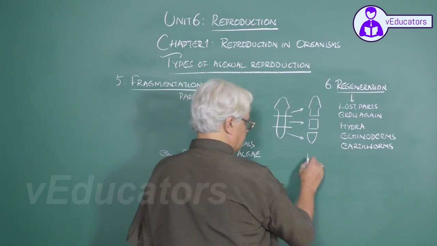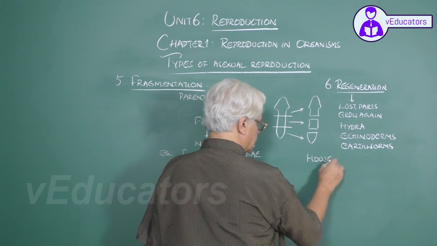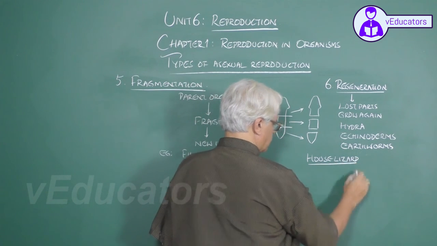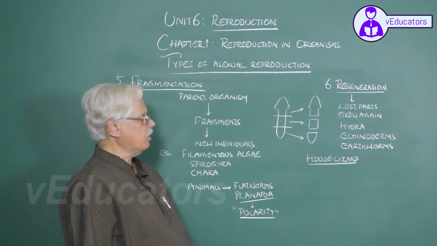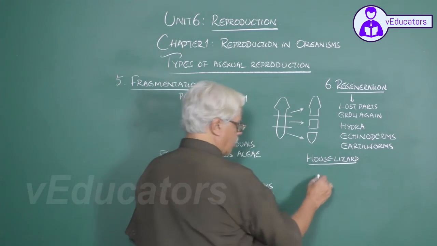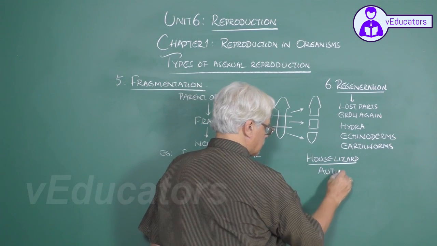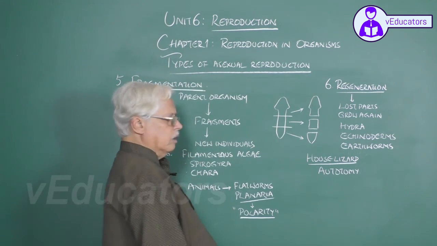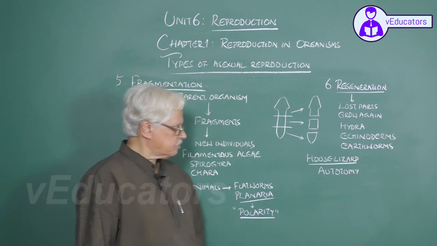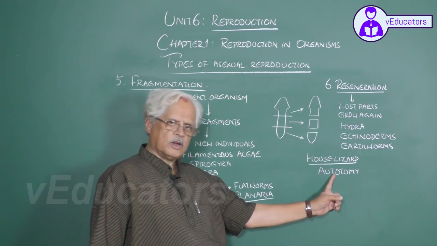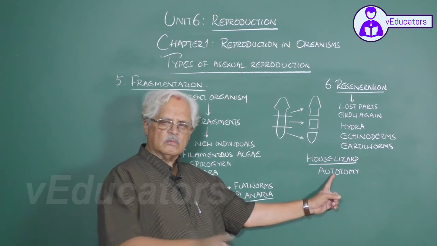In the house lizard, there is an interesting phenomenon of regeneration. It is called autotomy. When a wall lizard is likely to be attacked by its enemy, it cuts off its own tail and runs away.